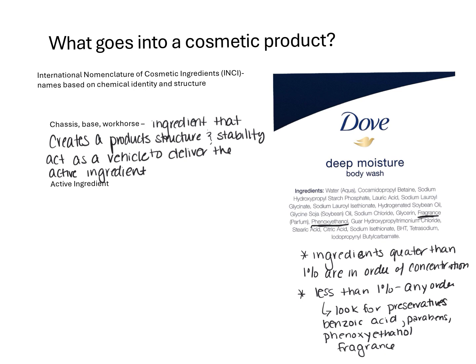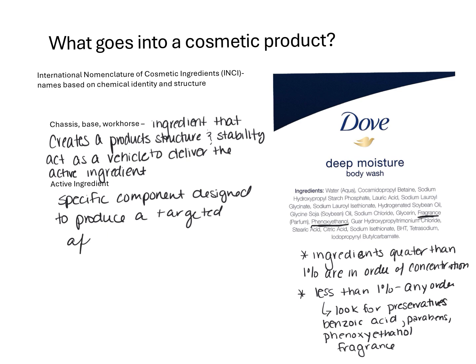Now, let's talk about the active ingredient. This is just the specific component that's designed to produce a targeted effect. Sometimes it can be on your skin or hair or nails, but you want this targeted effect.